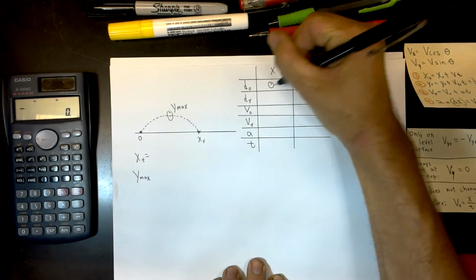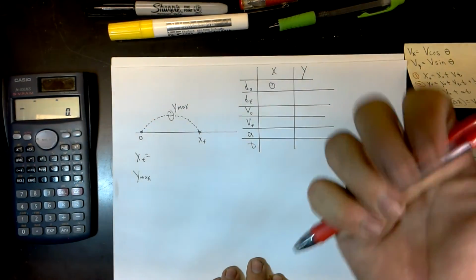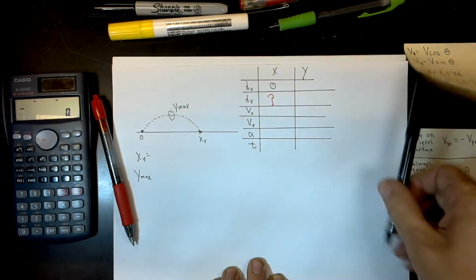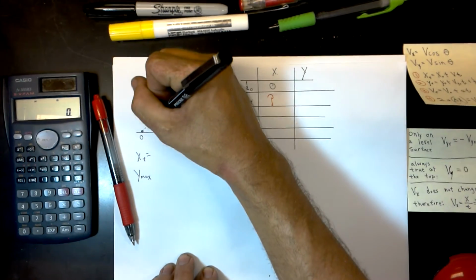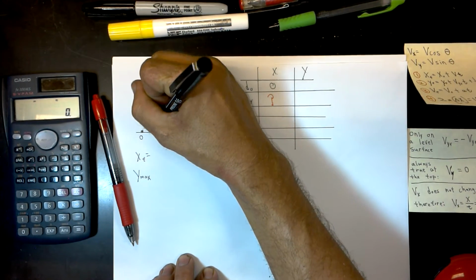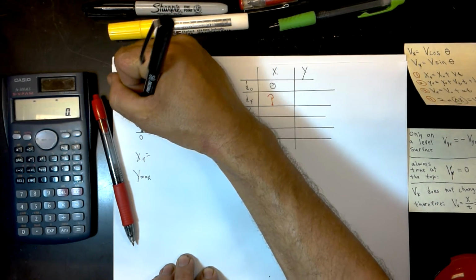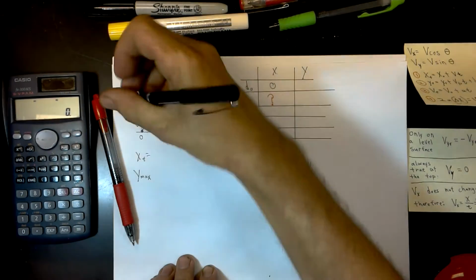My initial was 0. My final distance is the thing I'm solving for. I think I got my colored pens ready. Put my question mark right there. My initial velocity. Oh, I totally forgot to give you the initial values. Let's put a little angle right here, and let's give us an initial velocity, v. What did I put over here? Let's do 25 meters per second.